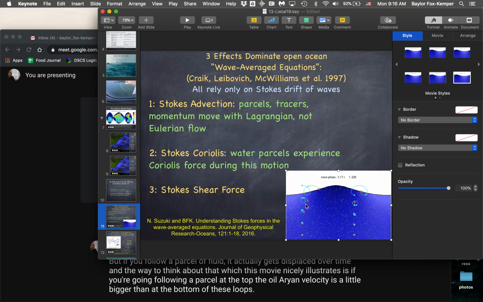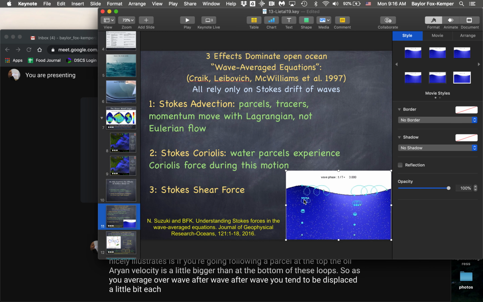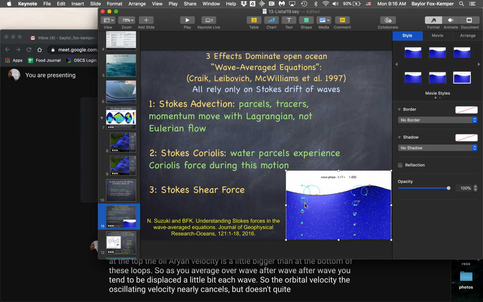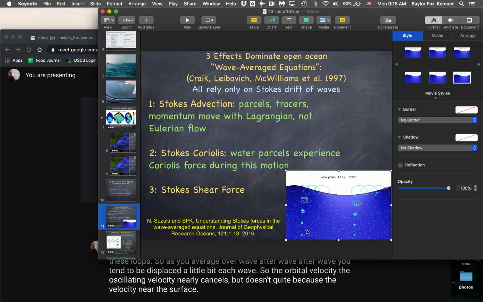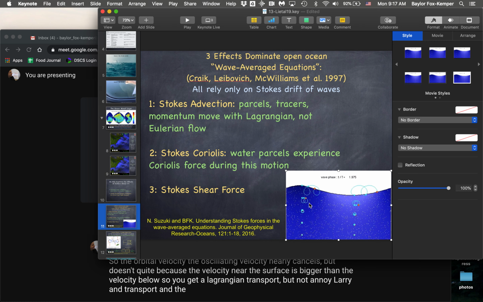So as you average over wave after wave after wave, you tend to be displaced a little bit each wave. The orbital velocity, the oscillating velocity, nearly cancels, but doesn't quite, because the velocity near the surface is bigger than the velocity below. So you get a Lagrangian transport, but not an Eulerian transport. And the difference between them is called the Stokes drift.